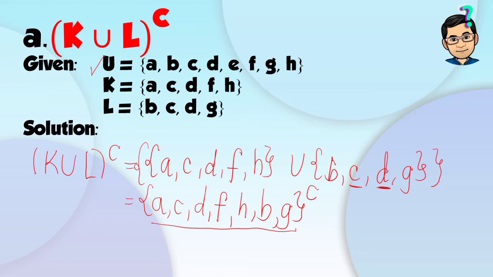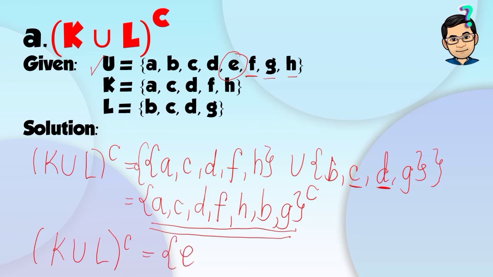E, oh, yan. So, wala ang letter E dito sa set na to. What about F? Okay. G, okay din. And then H. So, it means, ang sagot natin dito is only the element E. So this is the final answer.